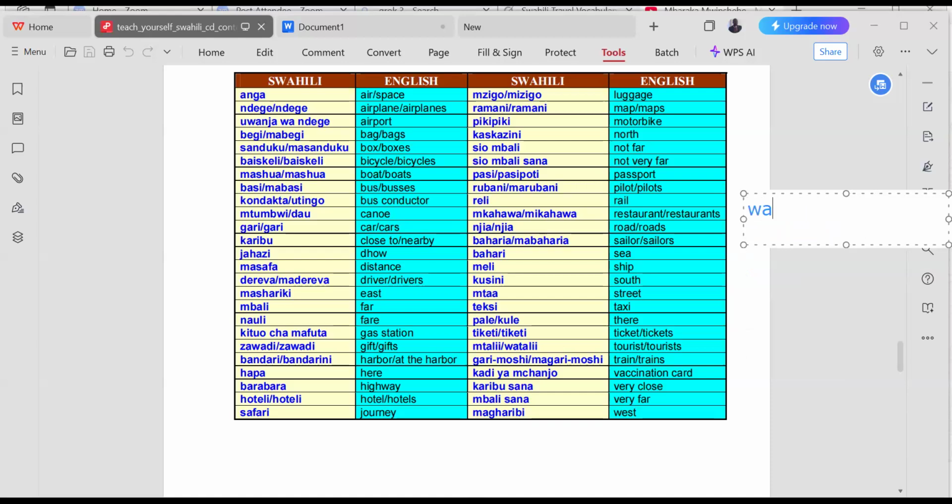So water being maji, and ocean or the sea being bahari, it basically means that it is a big water body.